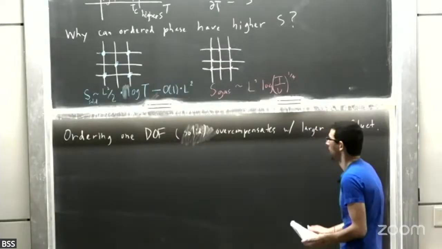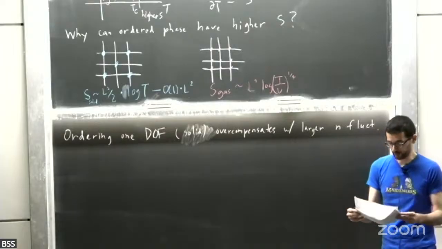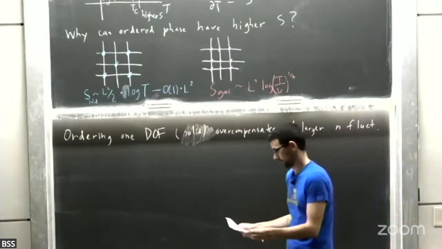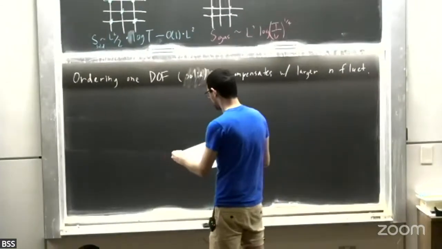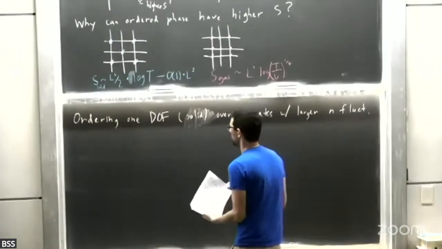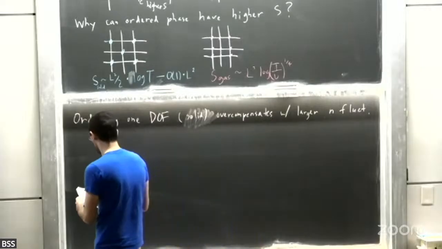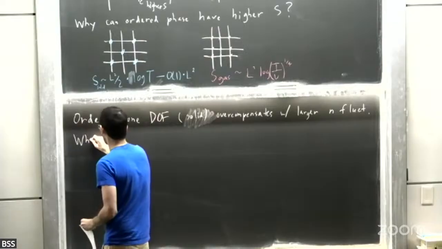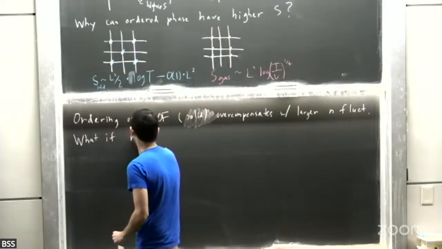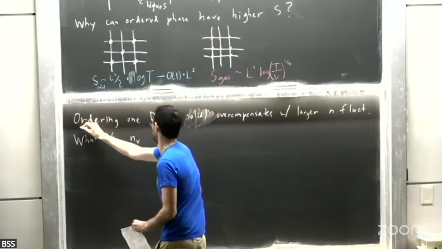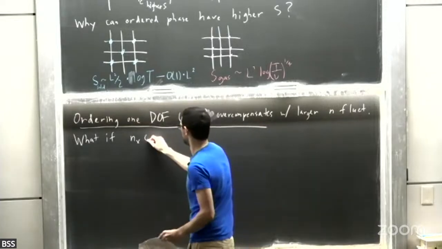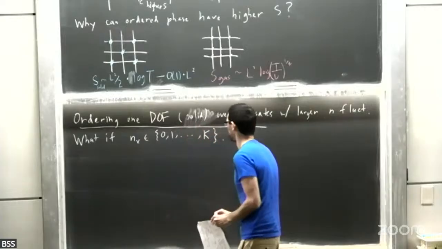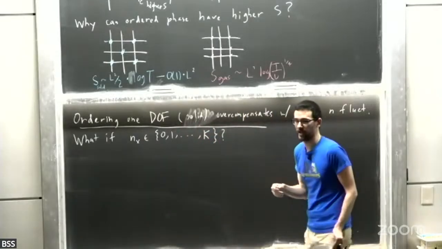All right. Let me make a few more comments about this model. The first comment is, you might ask, what if the nx is not allowed to get arbitrarily large, but can only reach up to some maximal value k.